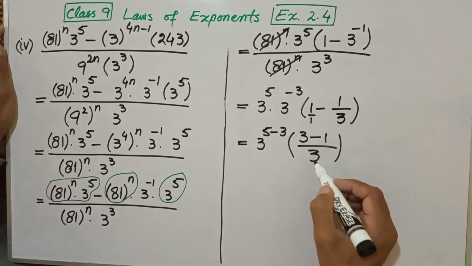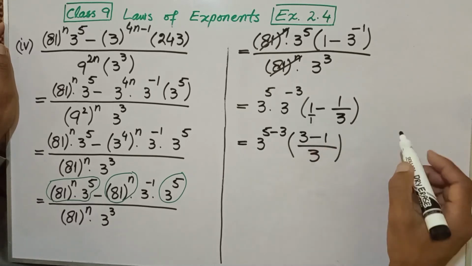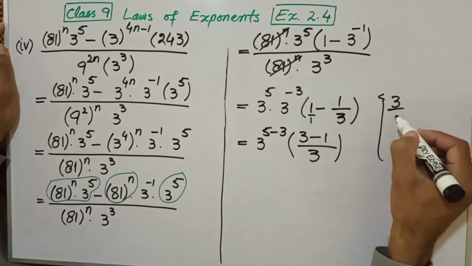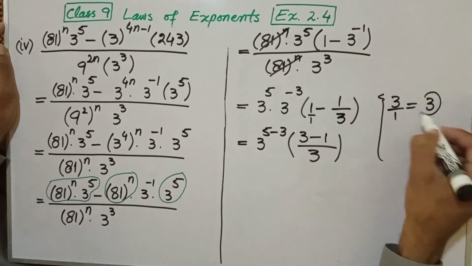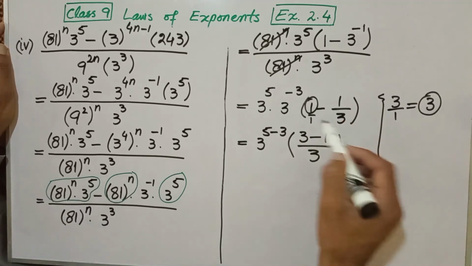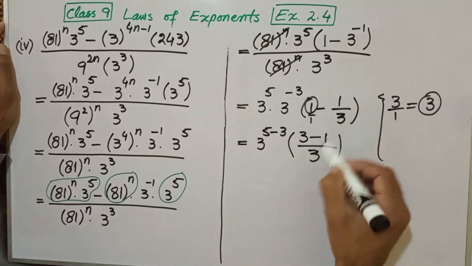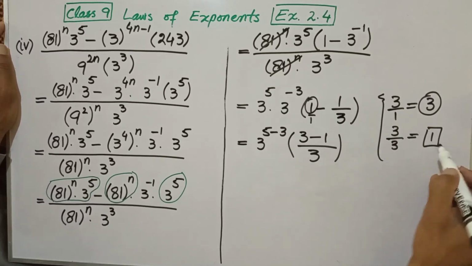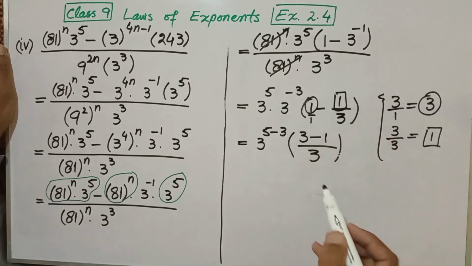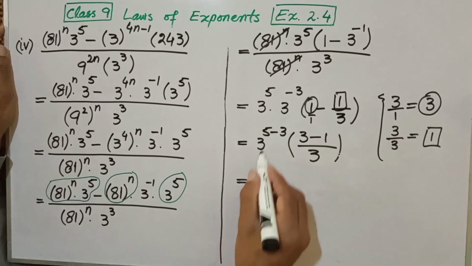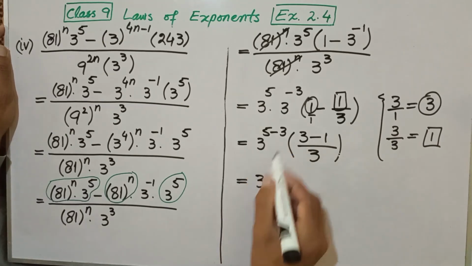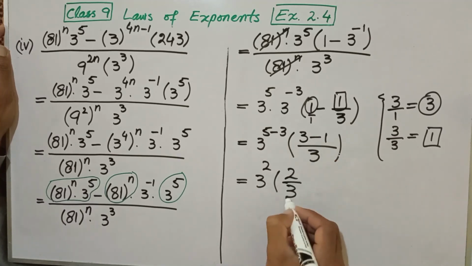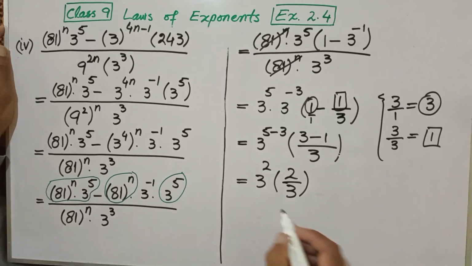When we take the LCM, we divide the LCM by the denominator: 3 divided by 1 is 3, and then this 3 is multiplied with this number, so 3 ones are 3. Similarly, 3 divided by 3 is 1, and then this 1 is multiplied with this 1. So 3 minus 1 is 2, and we have 2 by 3.